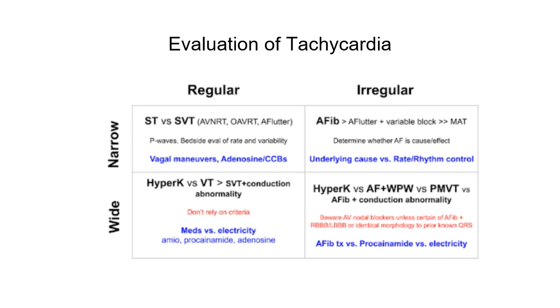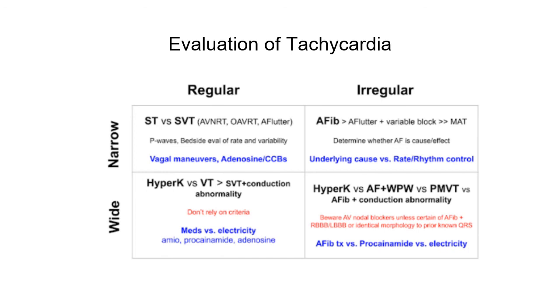And then if it is wide and irregular, then make sure that you for sure know that it's not atrial fibrillation with Wolff-Parkinson-White, and so you basically avoid calcium channel blockers or AV nodal blockers in a wide irregular tachycardia.